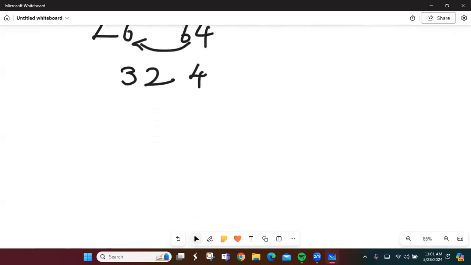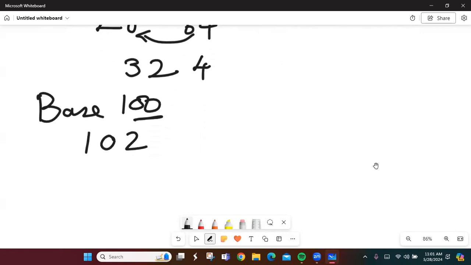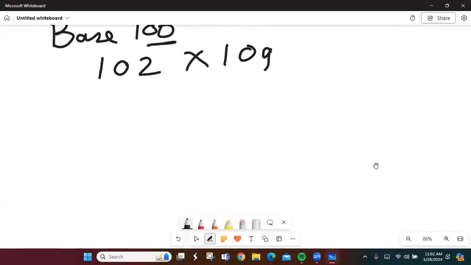So now, let us come to base 100. Keep it in mind that 100 has two zeros. So let us take one example here. Suppose I am multiplying 102 with 109. So again, write 102, 109.